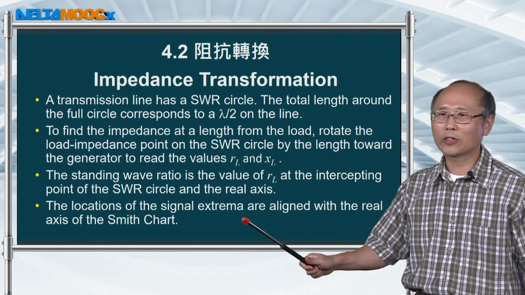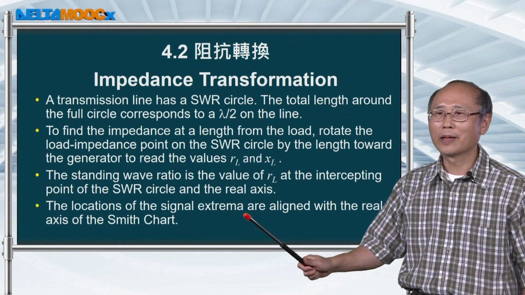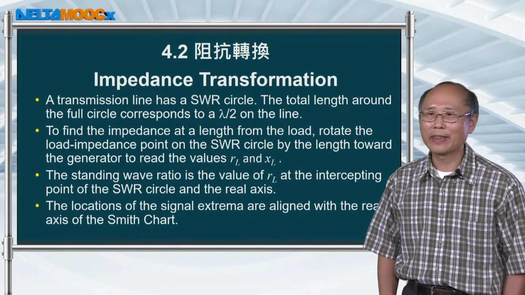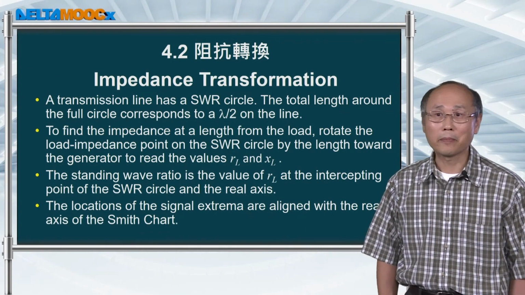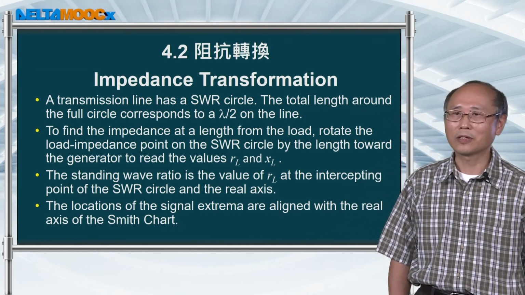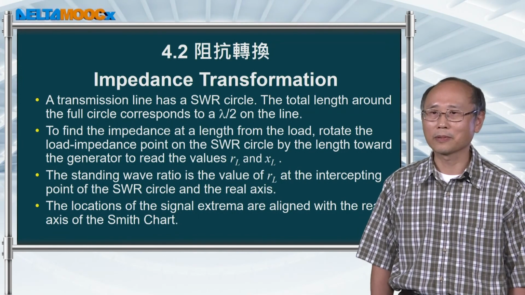So if you just move on the SWR circle, and whenever you intercept the real axis, then you'll be measuring the maxima or minima values of the signal. So these are a few key points I want to make for this session. Thank you.